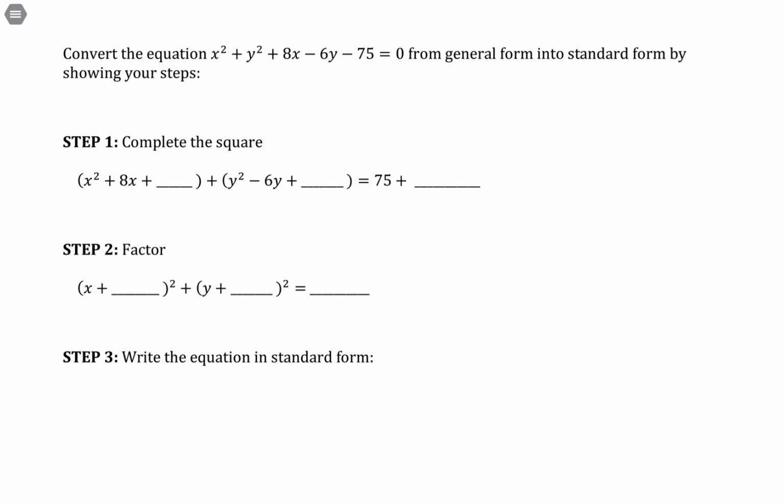Convert your equation x squared plus y squared plus 8x minus 6y minus 75 from general form into standard form by showing your steps.